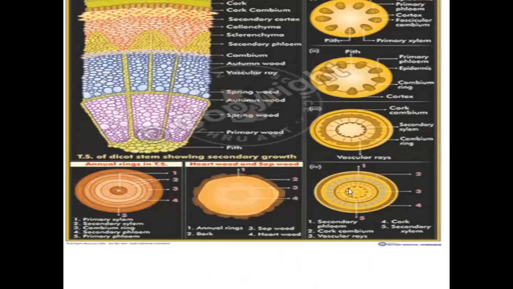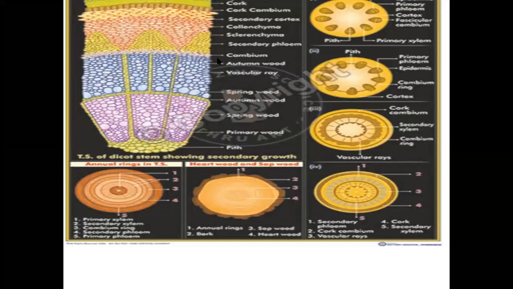In the spring season, spring xylem is developed. In the autumn season, autumn xylem is developed. Spring xylem, autumn xylem. See children, the same dicotyledon shoot TS shows a similar process of secondary growth. Here also we observe this in the dicot shoot TS.